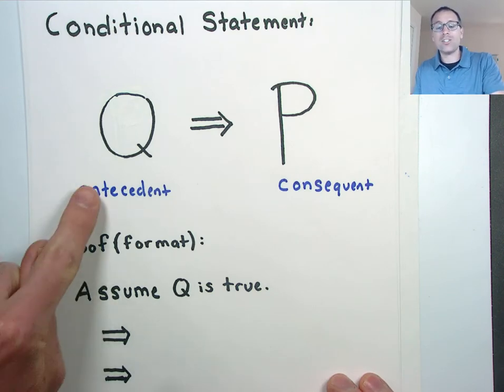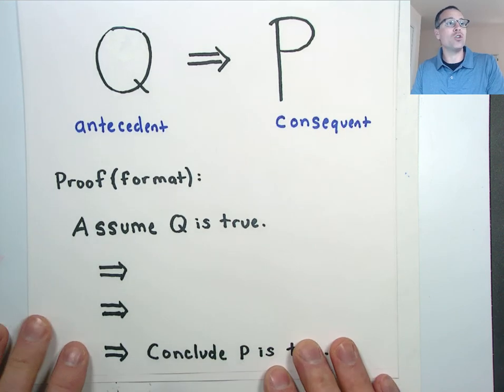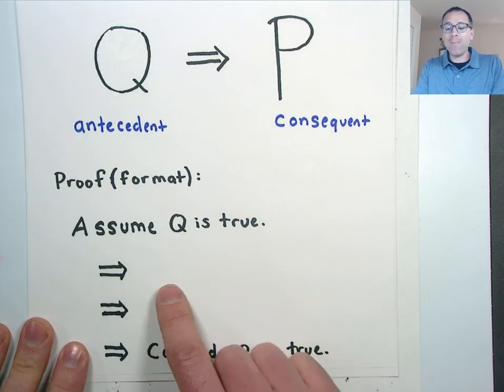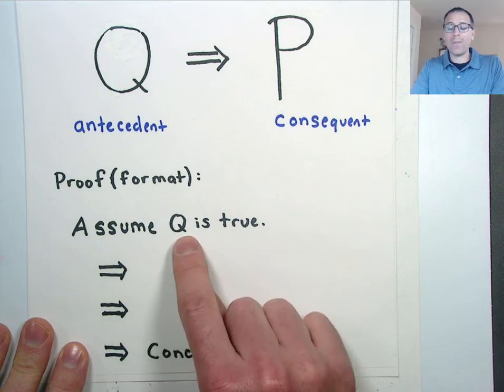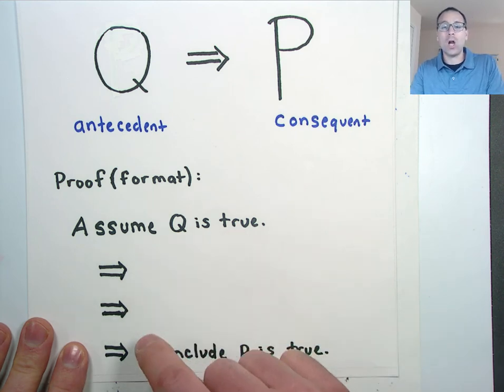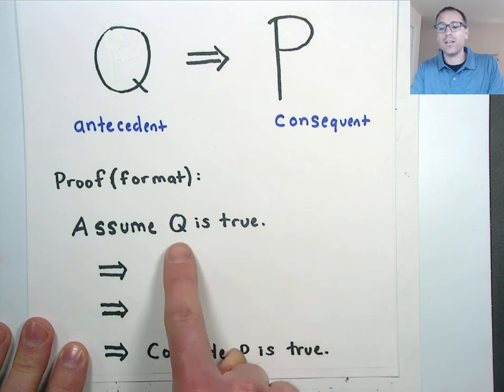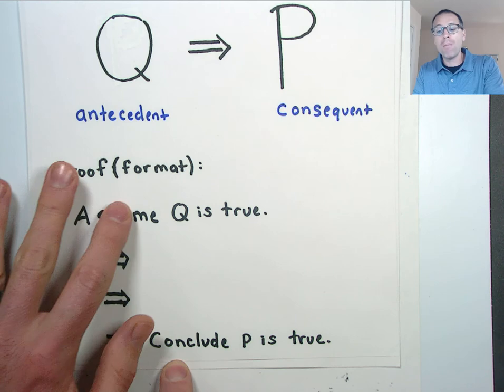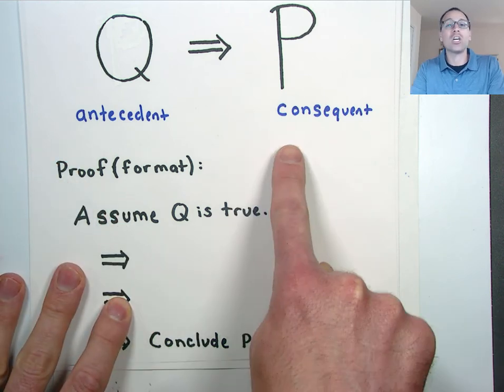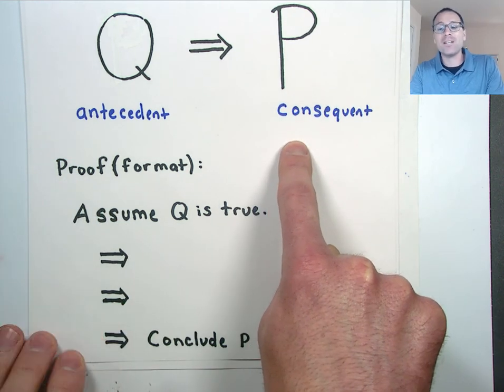We start by assuming the antecedent Q is true. We do some mathematical work from that proposition. We really think critically about what that proposition says and our background knowledge and the theorems and definitions that we've studied about that proposition. And then hopefully we get down to a place where, from that sequence of thoughts, we can conclude immediately that P must also be true.